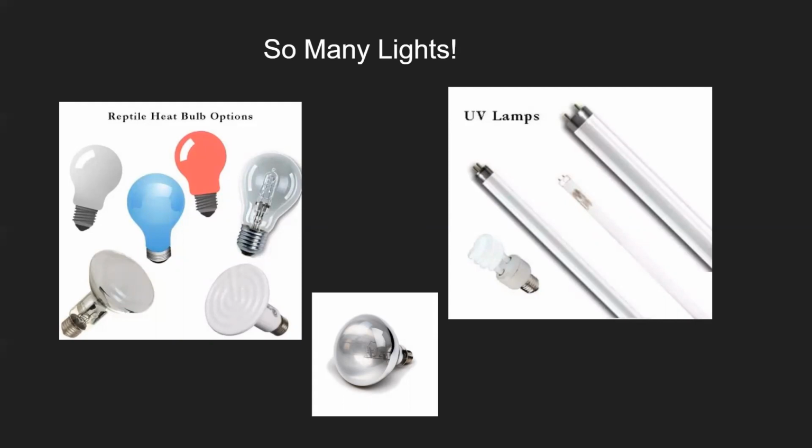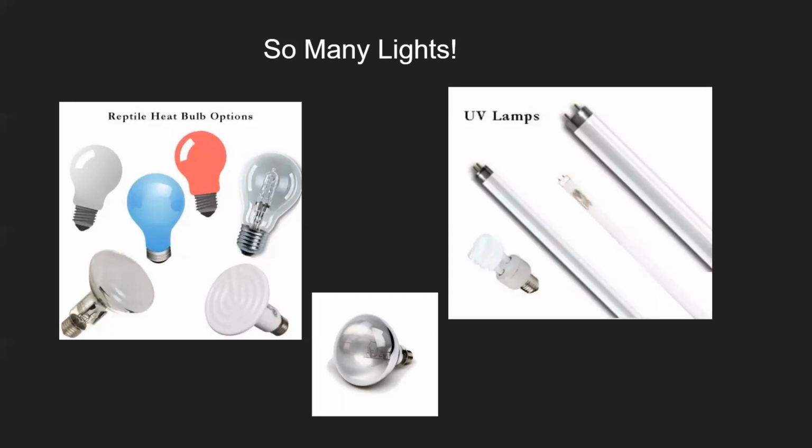So there's a lot of different things out there. We're going to have a lab where we learn our lights and go see what animals have what type of lights. So we'll be more hands-on with this a little bit later. But I wanted to introduce you guys to the importance of why there's so many different types of lights and exactly how we need to continue learning about lights so that we can continue to improve our welfare of our reptiles.